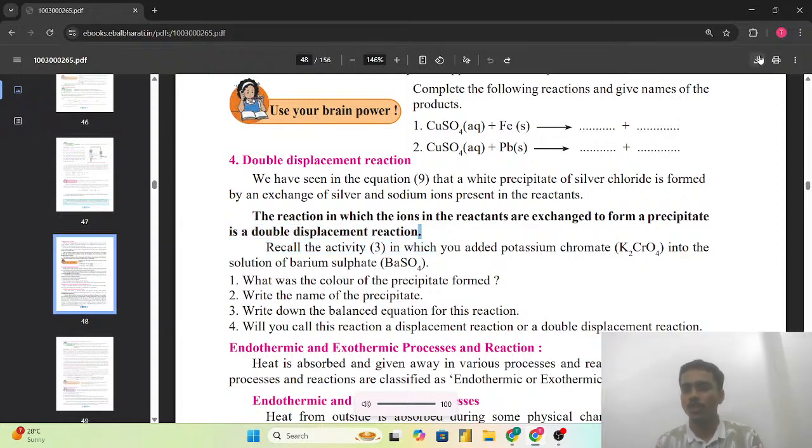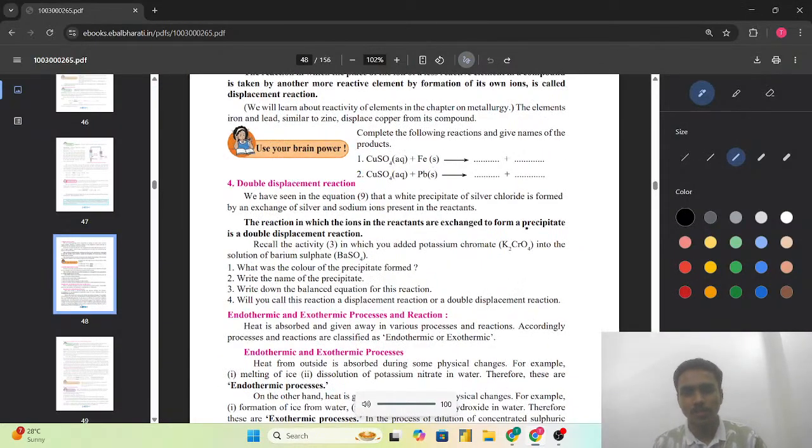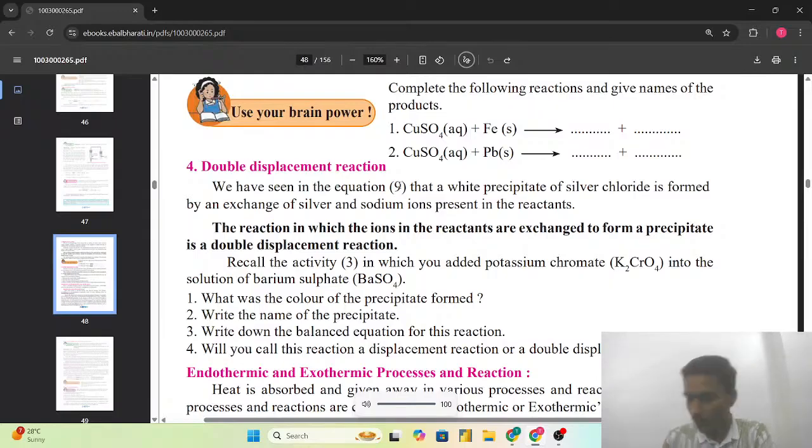One important thing to highlight is the formation of the precipitate on the product side. Such types of reactions are called double displacement reactions.